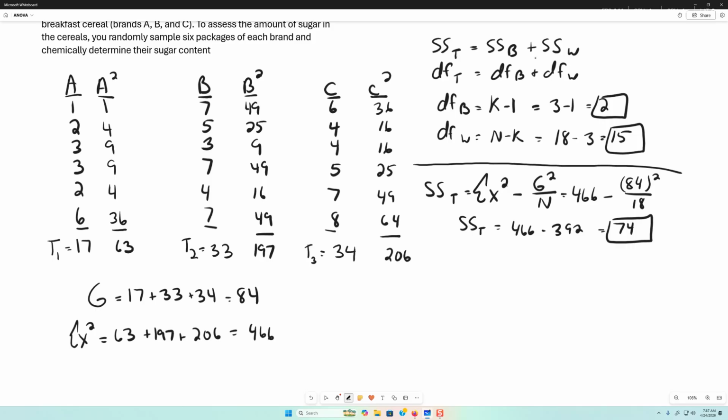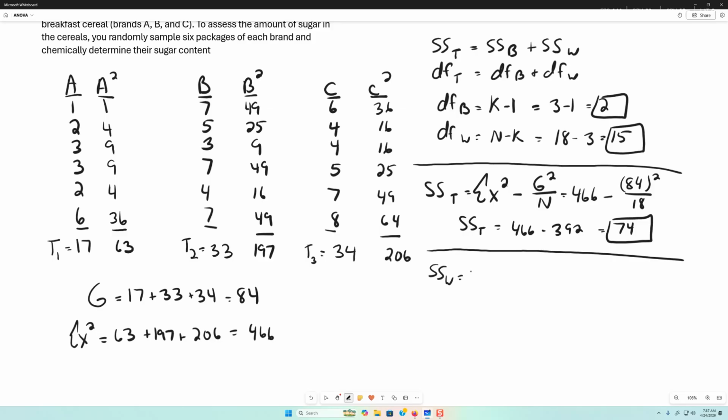And if I subtract the within from the total, I get the between. So I don't have to calculate all three of these. I only need to calculate 2 out of the 3. So I'm going to calculate the total, and I'm going to calculate the within group sum of squares. And then I'll subtract, and I get the between groups sum of squares. Because that just cuts down on the computation. So that's total. Let's do within groups.